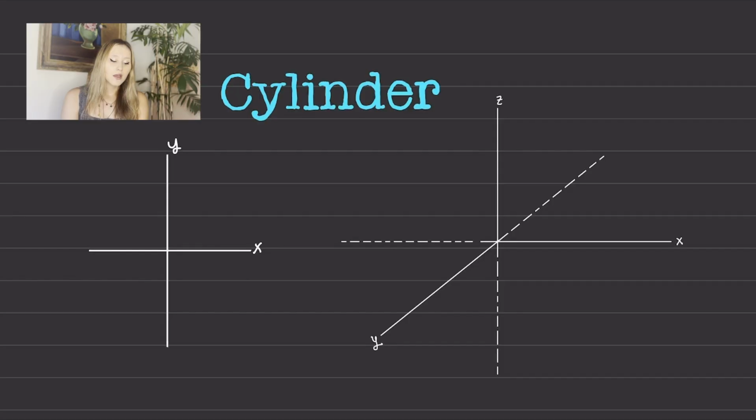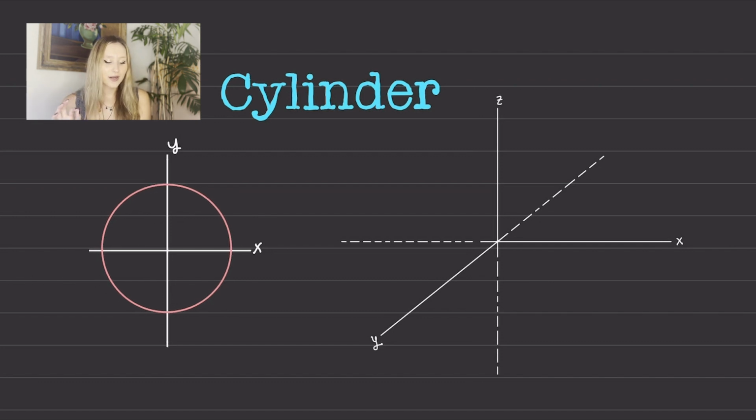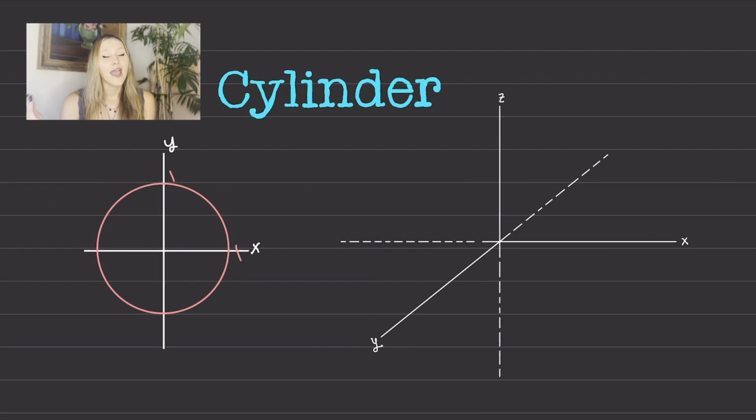So we can also represent common figures in the 3D space. For example, we can represent cylinders or spheres, etc. So what does a cylinder look like? We have x squared plus y squared equals 1, which is a circle in the R squared space.